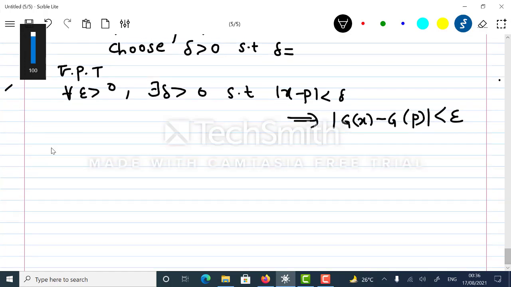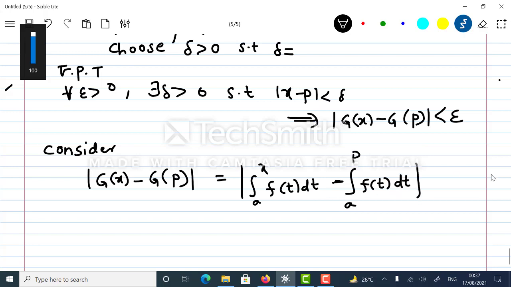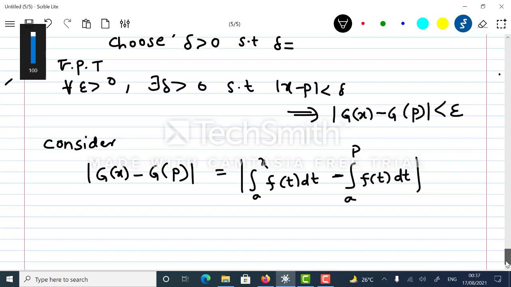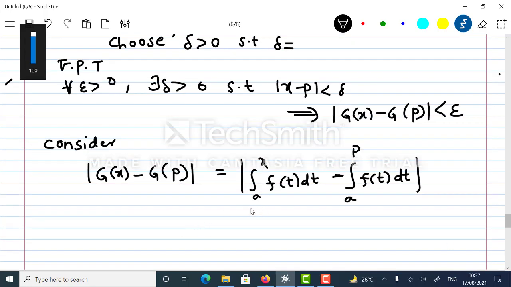So let me consider modulus of g of x minus g of p. So we know what is g of x. It is integral a to x f of t dt minus integral a to p f of t dt. Now you can see where my x belongs: p is between a and x. So now I should split here.